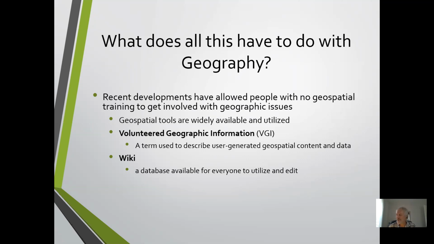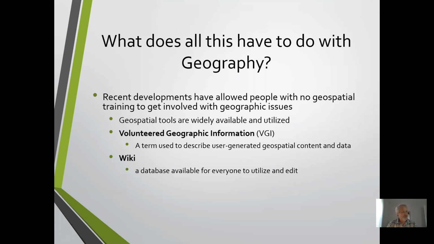This was a term developed by Michael Goodchild, who is a big name in the GIS world; he was one of the original teachers and people that got involved in that. It's a term used to describe user-generated geographic or geospatial content and data.